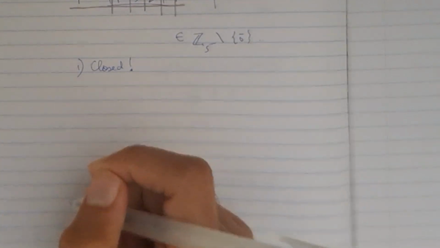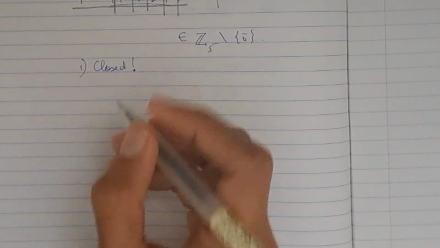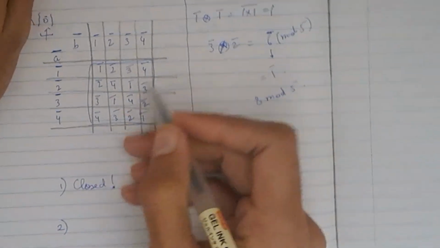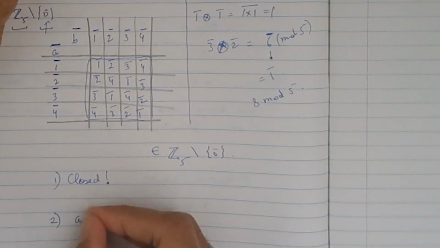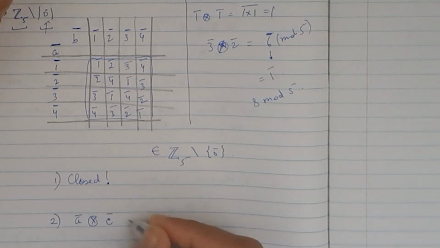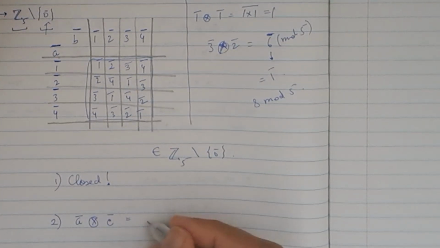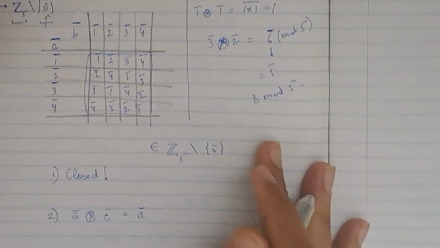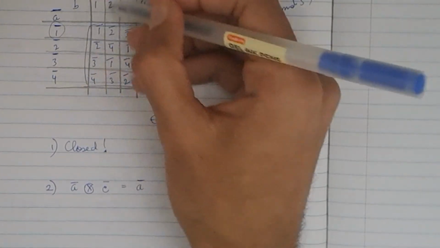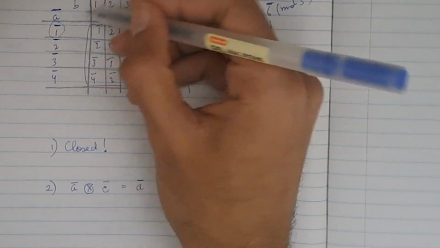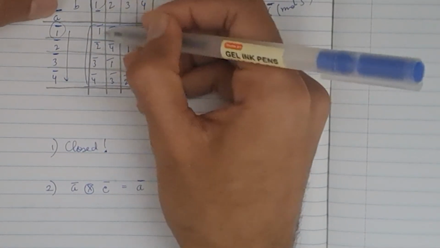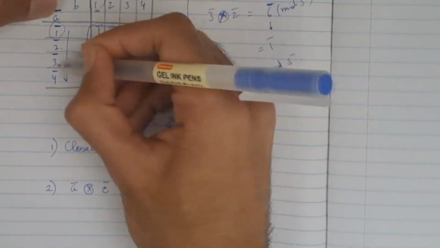The second part asks us to show that it possesses a neutral element. There's no point in trying to go for a further proof. Let's just look at each element. If we take A and an element E, it gives A again. In this case, that is clearly 1, as when you take any value of A and the next element is 1, it returns the same value.